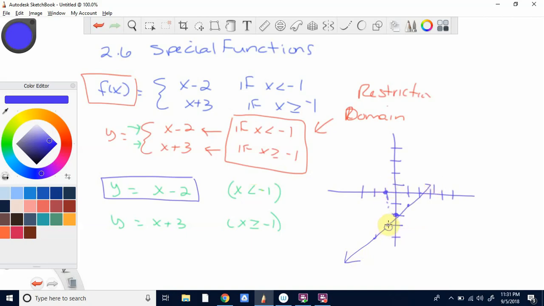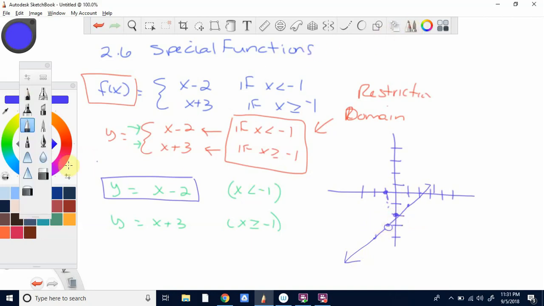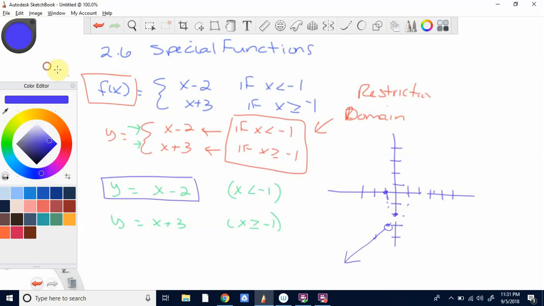But at -1, x is going to be -3, and I'm going to have a circle, which means I have to erase everything to the right because I don't want that to be part of my domain. I'm restricting my domain to be from here this way. So I'm going to go down to the graph circle and just make the graph to the left. Everything to the right gets erased.